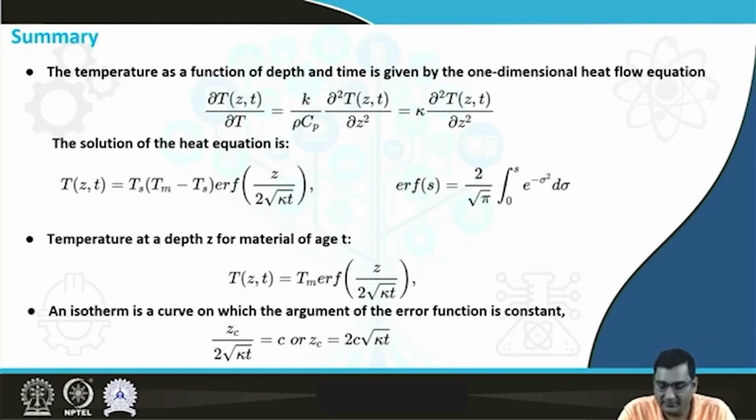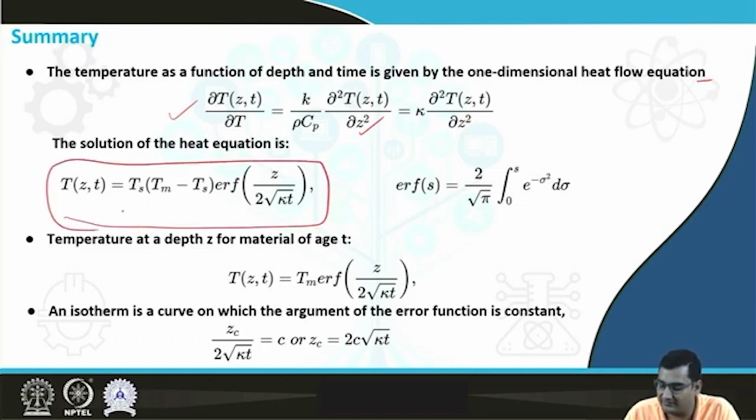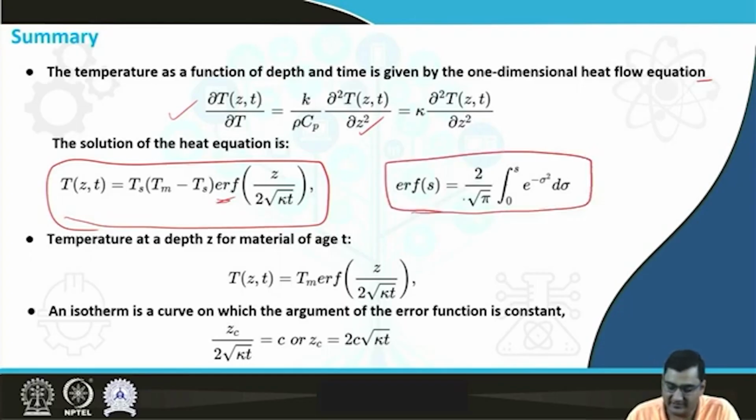So what is the summary of today's lecture? The temperature as a function of depth and time is given by the one-dimensional heat flow equation, that is, delta T(z,t)/delta t = k/(rho Cp) delta squared T(z,t)/delta z squared, which is further equal to kappa delta squared T(z,t)/delta z squared, and the solution can be given from this particular expression, where the error function can be represented like this.